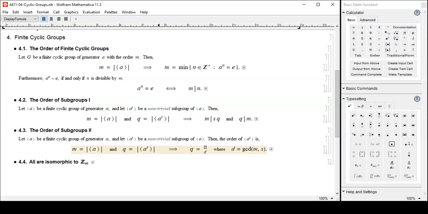4.3 is actually a stronger version of 4.2. Do you see that? Well, you can certainly see that the conditions are the same. M is the order of the original, and Q is the order of the subgroup.